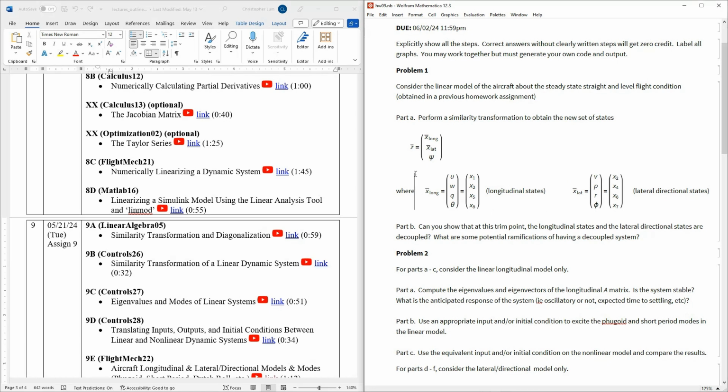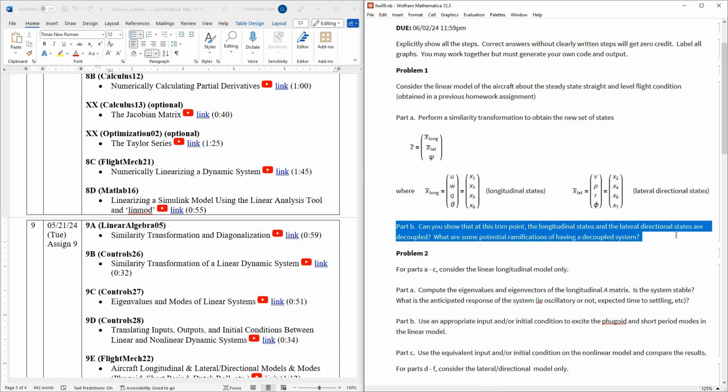And what's interesting is when you do that, hopefully something is going to happen. You're going to see the matrix is going to be reformatted in an interesting fashion, which is going to allow you to answer part B. What I'm going to claim is that at this particular operating point, the linear model that you have is decoupled.